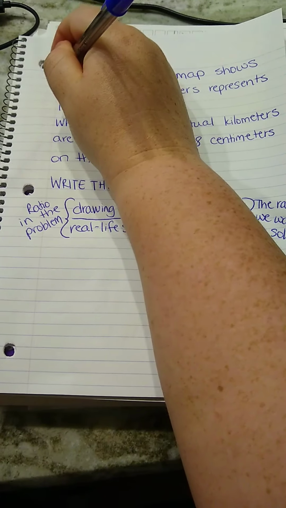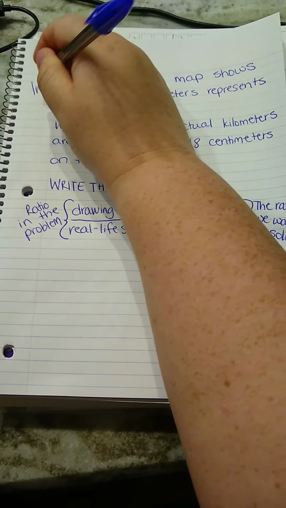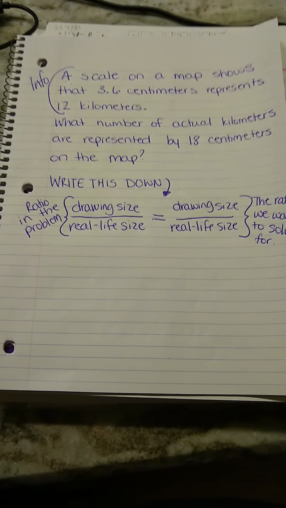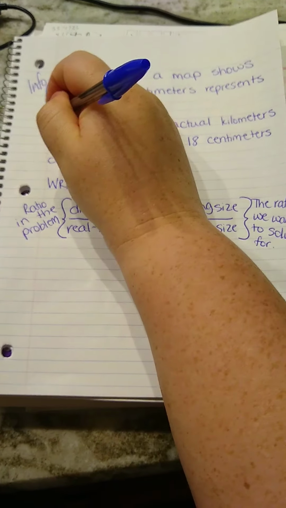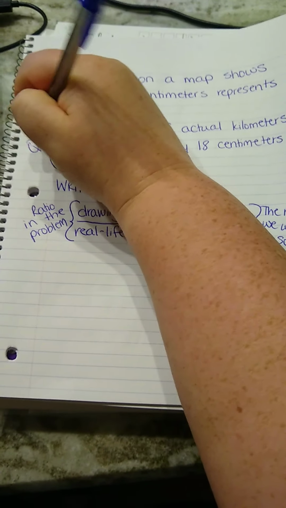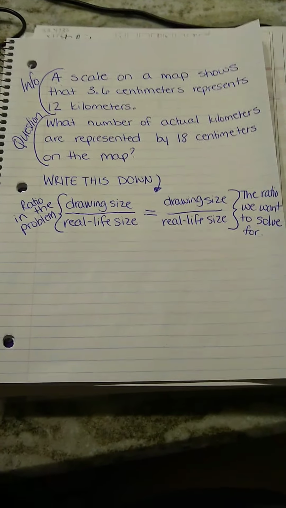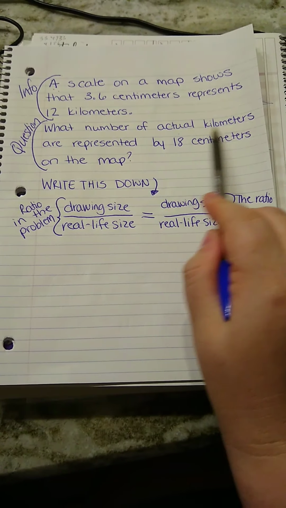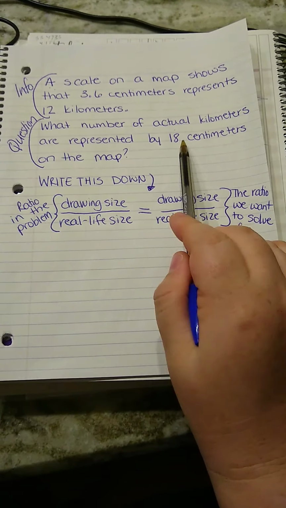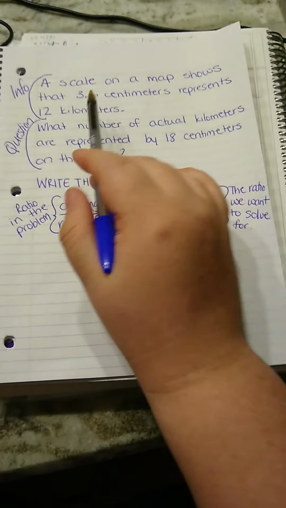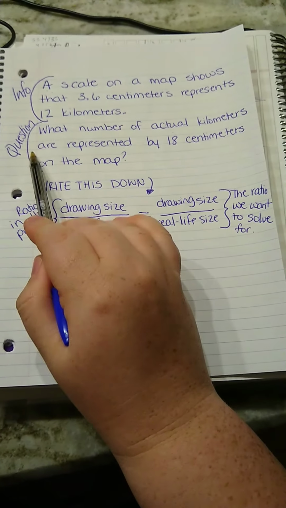It's broken up into the info part, or the informational section that gives you all the info you need, and the question, which tells you what you're looking for. And so what we're looking for is what number of actual kilometers are represented by 18 centimeters. We're going to use the info here to help us here.